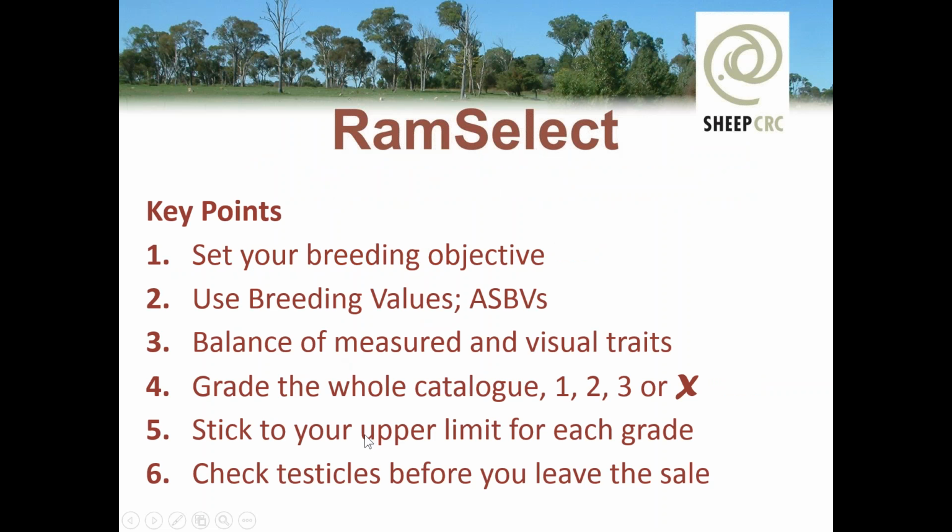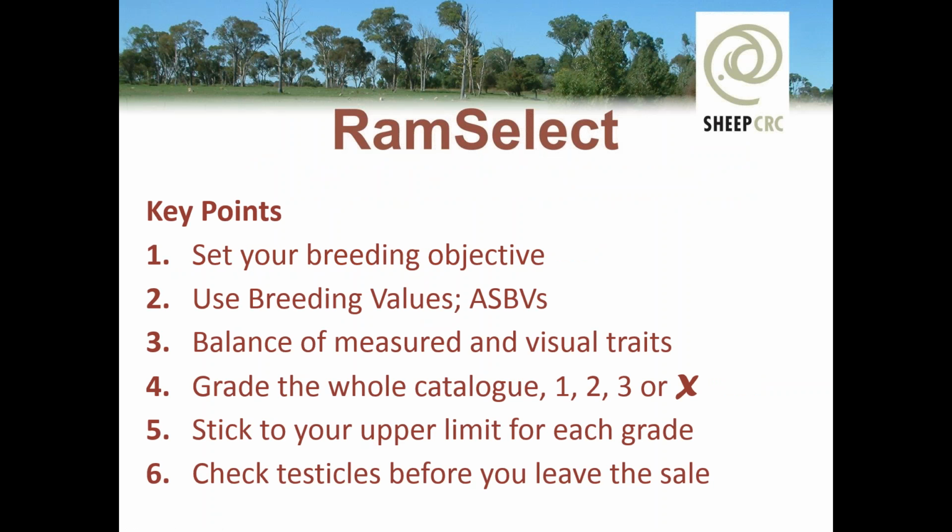So once you've got through that step, a really crucial step because it's a really key part of your buying of rams at an auction, you're through the 5 steps.